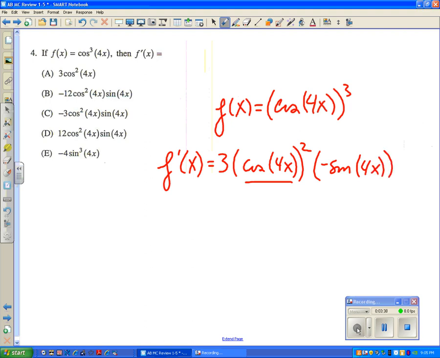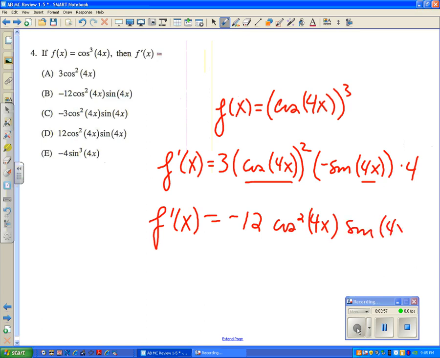And then once more, we have to multiply by the derivative of 4x, which would be 4. So to pull everything together, the derivative here, f prime x, would be negative 12 cosine squared of 4x times the sine of 4x. So our choice here is limited to B.